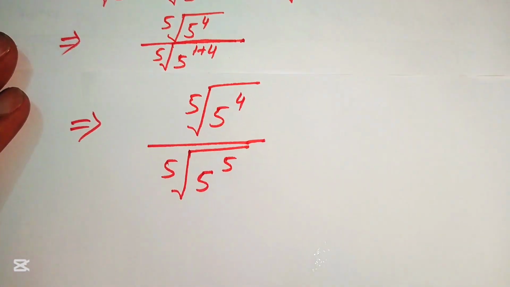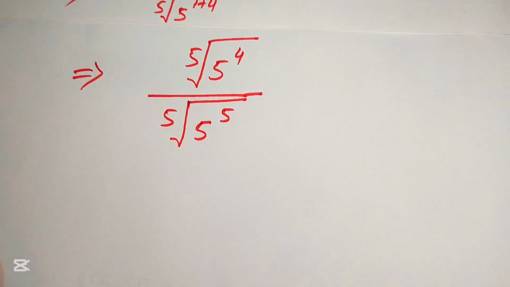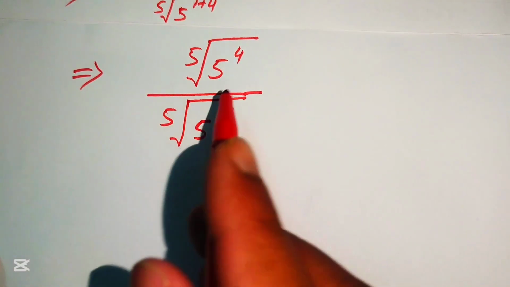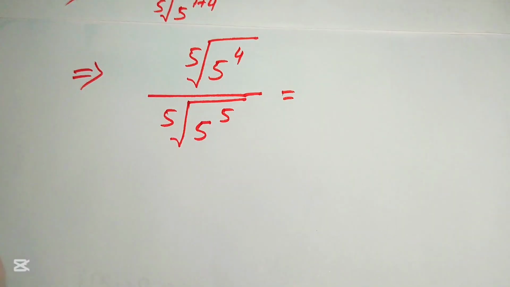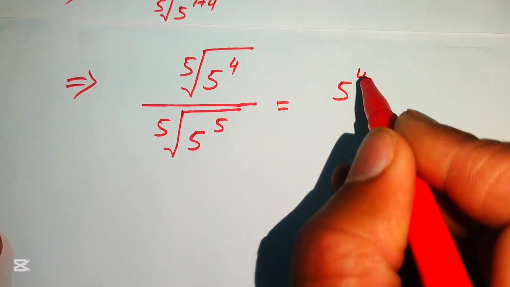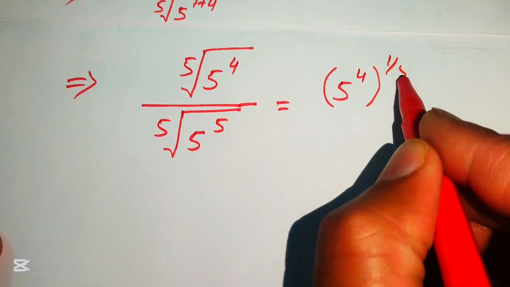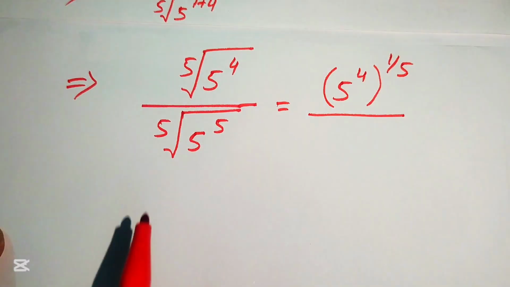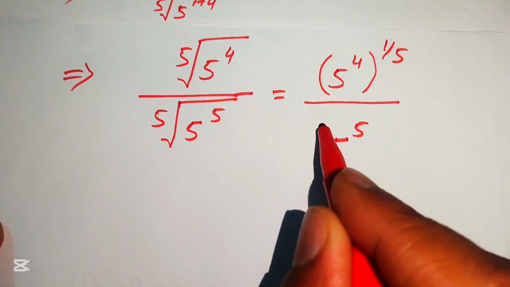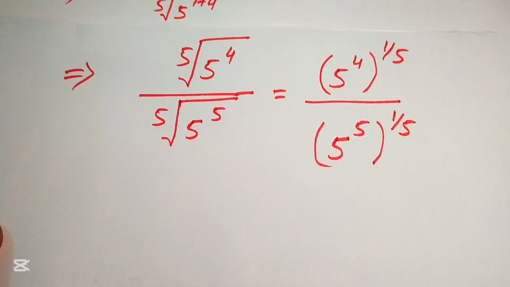Okay, so now here in the next step, we just move forward, and we can again write these radical terms into the exponent form. So we write it as 5 to the power of 4, and we write this fifth root as 1 over 5 divided by, this is 5 to the power of 5 and its exponent is 1 over 5.